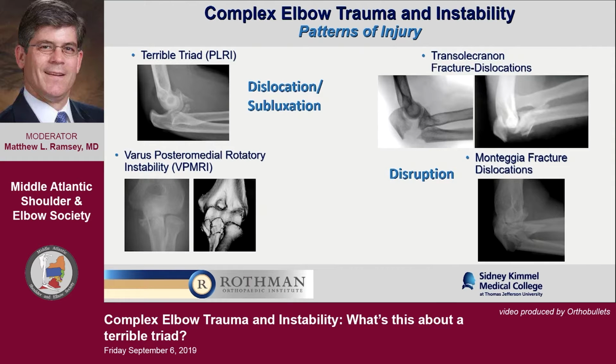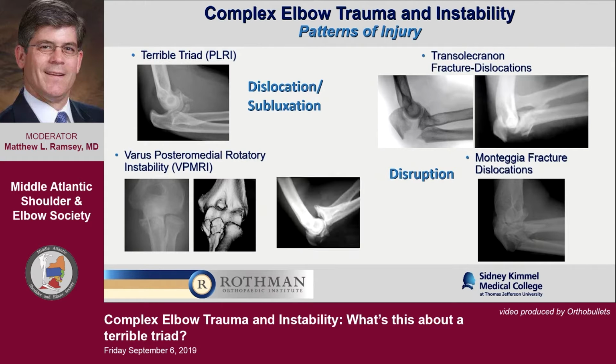I look at them as dislocations, subluxations, and then disruptions. They're all complex injuries with downstream effects on function and stability, along a relative spectrum, but we'll concentrate on the terrible triad and introduce some of these other patterns.